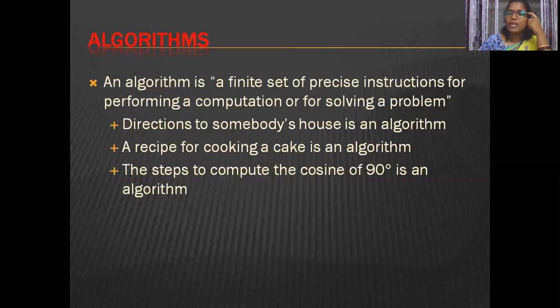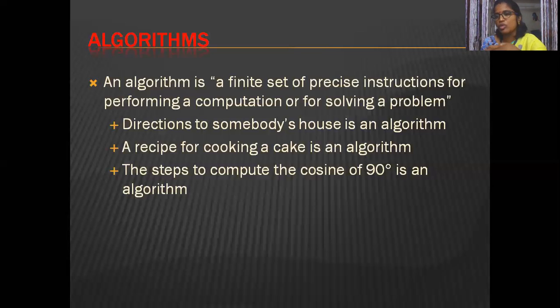For example, directions to somebody's house is an algorithm, like telling the address of somebody. A recipe for cooking a cake is an algorithm because it is also a task. The steps to compute the cosine of 90 degrees is an algorithm.